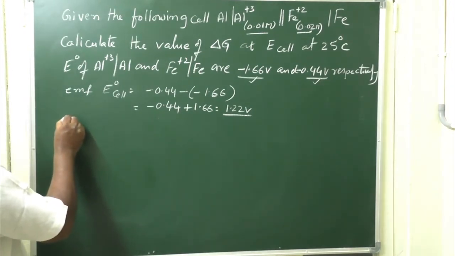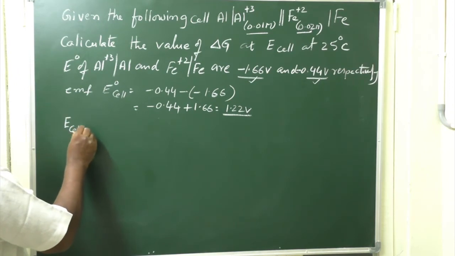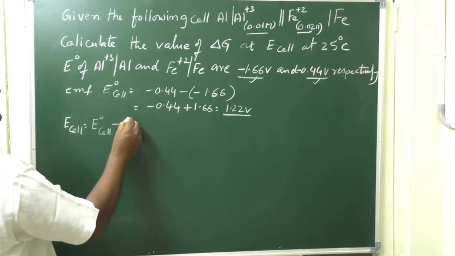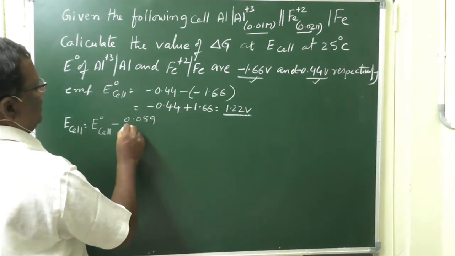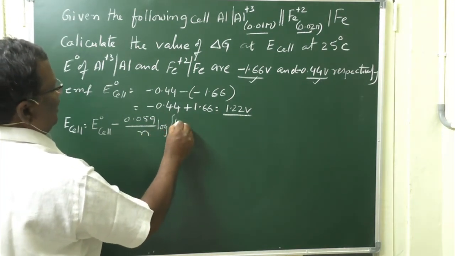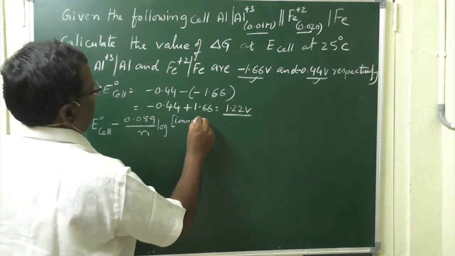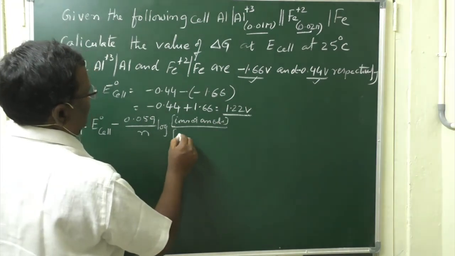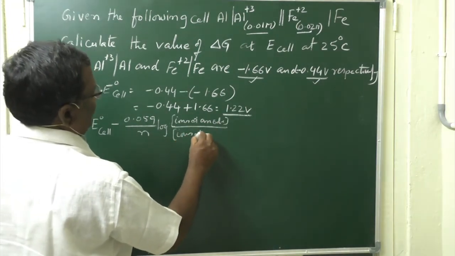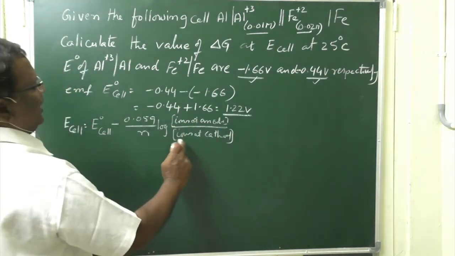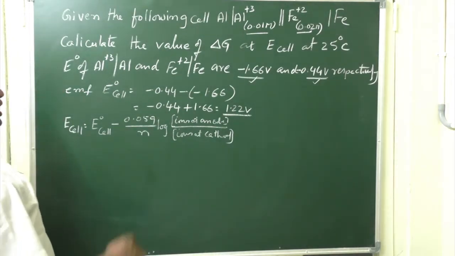According to the Nernst equation, E cell is equal to E naught cell minus 0.059 by n log concentration of ions at anode by concentration of ions at cathode, or ions on the product side by ions on the reactant side according to the cell reaction.